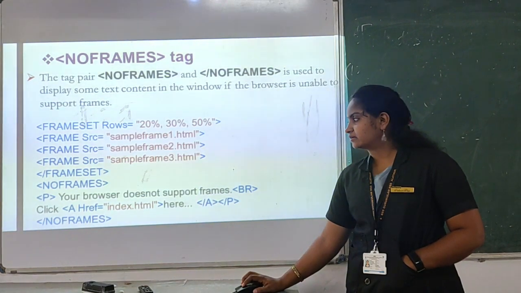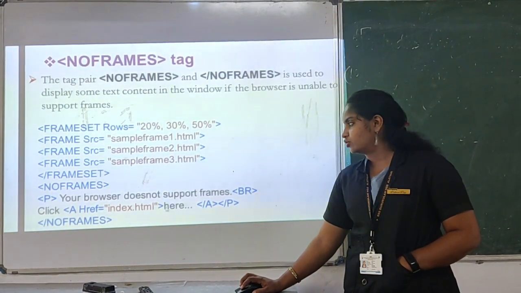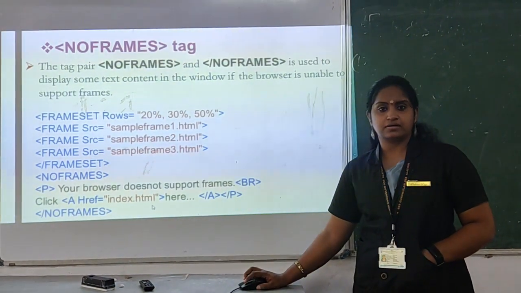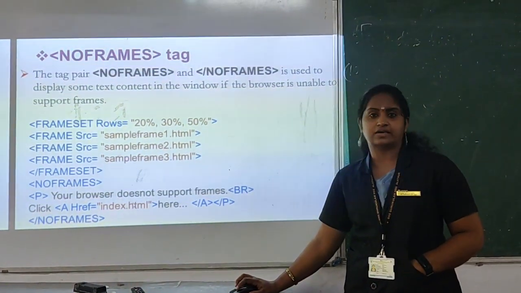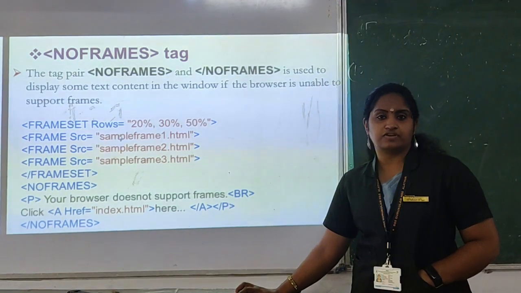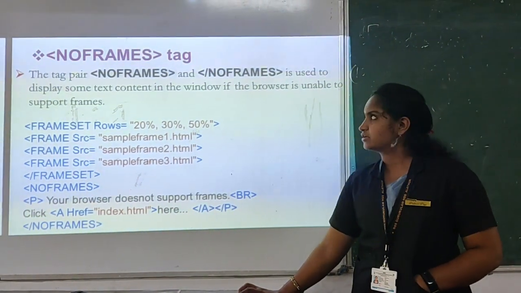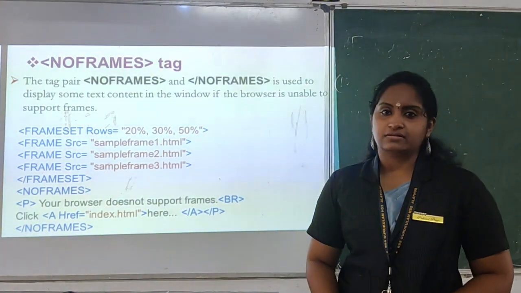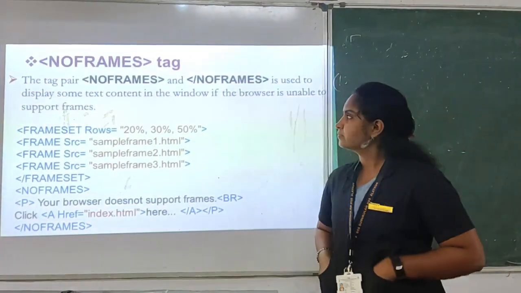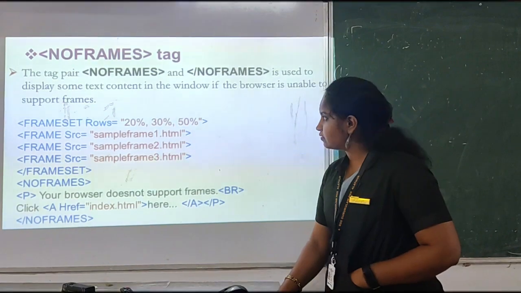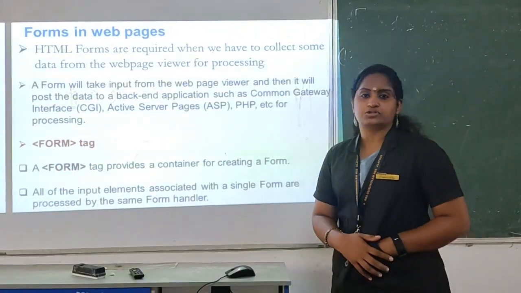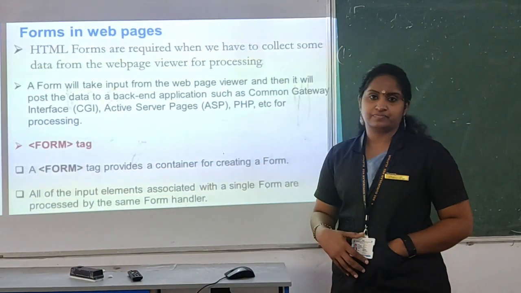If you click that particular content, you will get another web page, with the details which we included in those frames. That is the use of noframes. It is also a container tag. Clear?